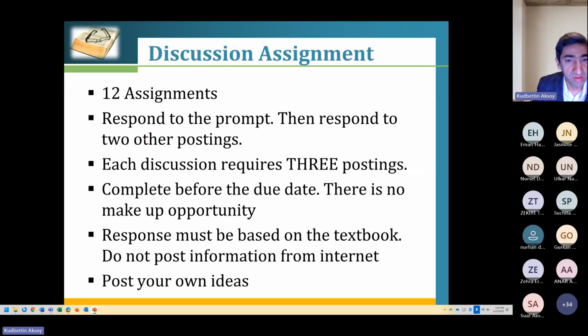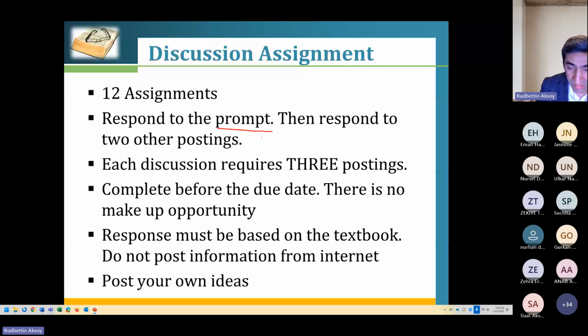So, discussion assignments. First, you are going to respond to the prompt question I put. After you do that, you will read other people's responses and you will interact with them. When you interact, simply saying "I like your thinking" or "I agree with this" is not going to get you any credit.